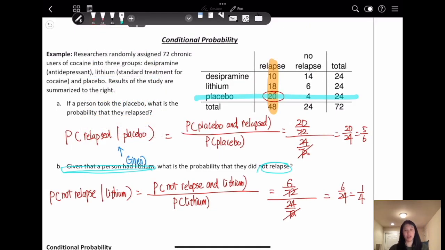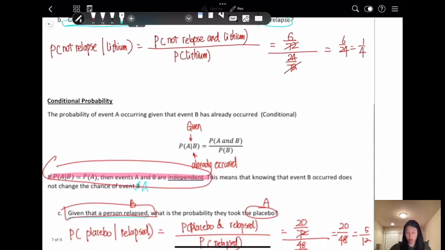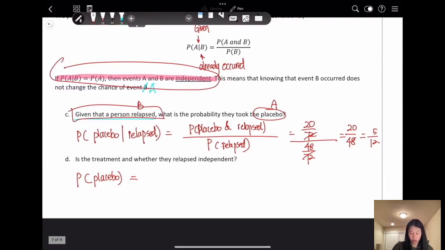How many people were given placebo? 24, right? So I have 24 people who were given placebo over 72. And then when we simplify it, divided by 2, we have 12 over 36, and then divided by 3 or 4, we have 3 over 9, and then 1/3.